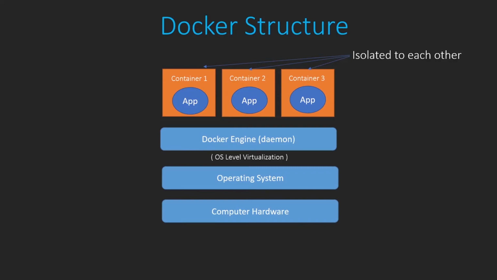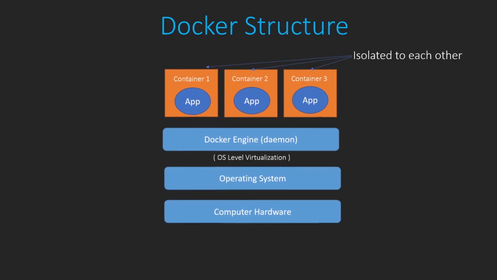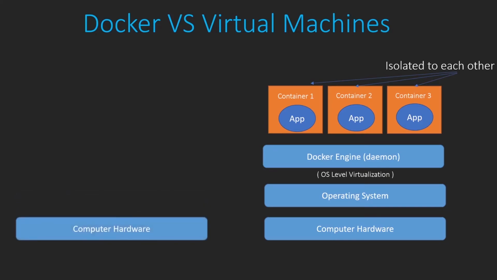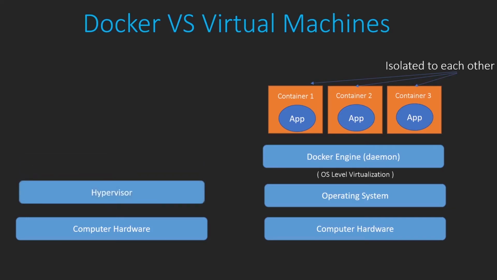Now we will see the difference between the Docker structure and virtualization software. When comparing the structure of virtual machines to Docker, we have pretty much the same, but there are some differences. We have the same computer hardware. On top of the computer hardware, we have the hypervisor. The hypervisor makes virtualization possible.